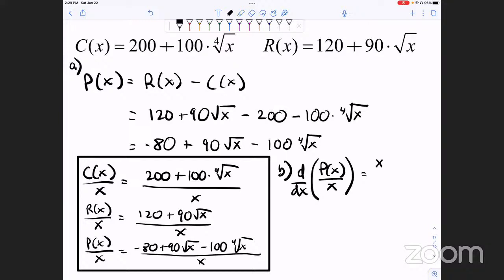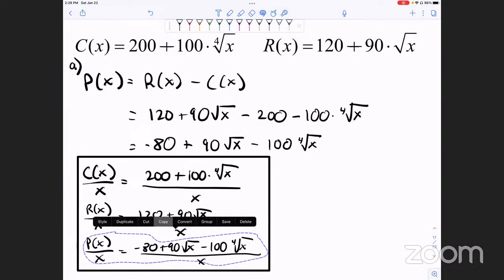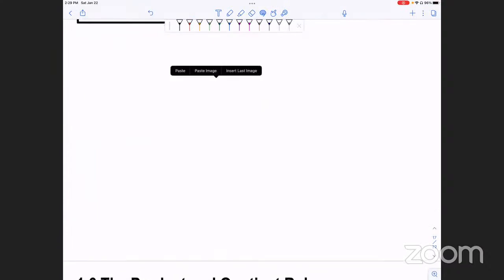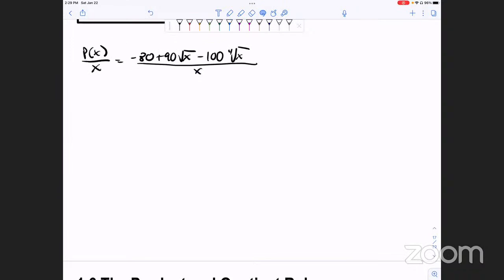Okay, I need some more space. Let me get rid of this. I'm going to do d by dx of the average profit, P over x.